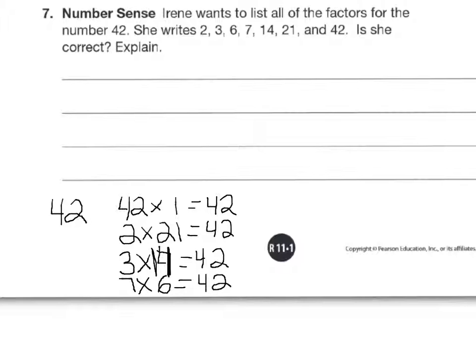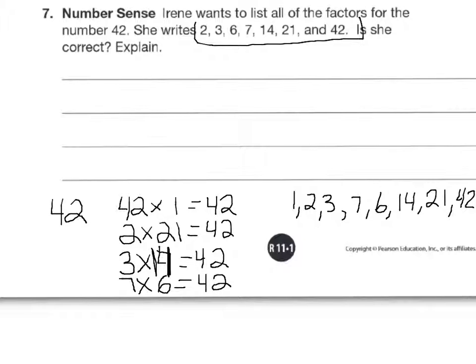Alright, so now we're going to list the factors. 1, 2, 3, 7, 6, 14, 21, and 42. Alright, let's see if we can cross any of these off now, because now we're going to be looking at that. Well, we have 42.